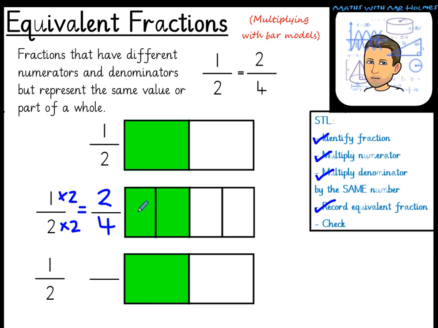So now you can see we have 2 out of 4 equal pieces, or 2/4. But that represents the same amount. They're equivalent. Obviously, as every good mathematician should do, we'll check through very carefully. Make sure you followed each step.